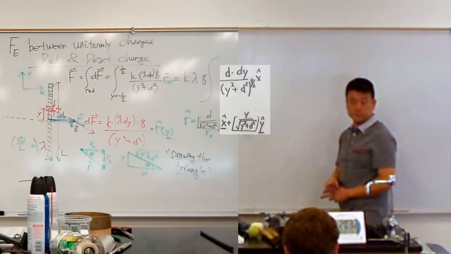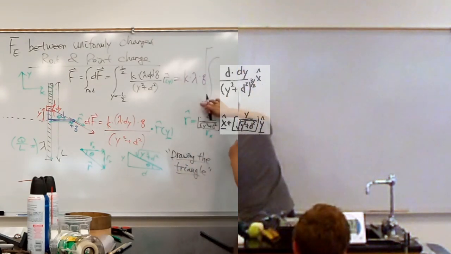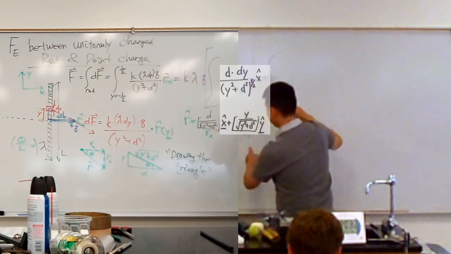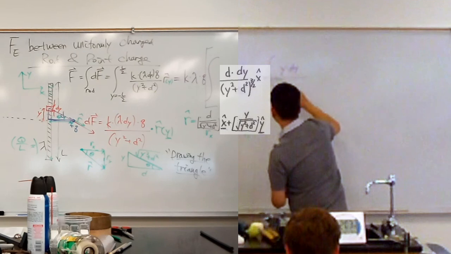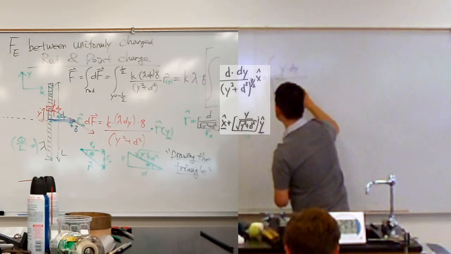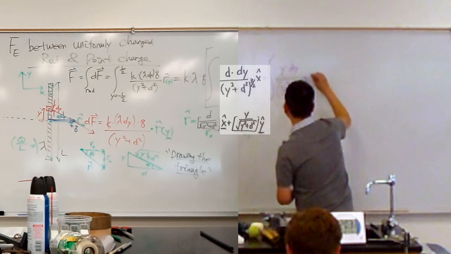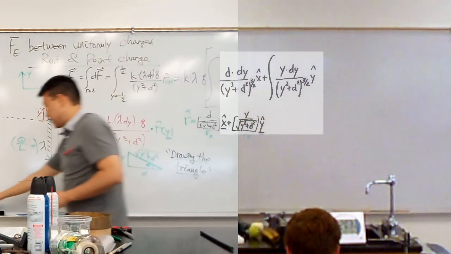Everyone good? Okay. Let me write down the second thing. Let me write it this way to make it clear it's factored out. Plus the integral of y times dy over y squared plus d squared raised to the power of 3/2, times y hat.